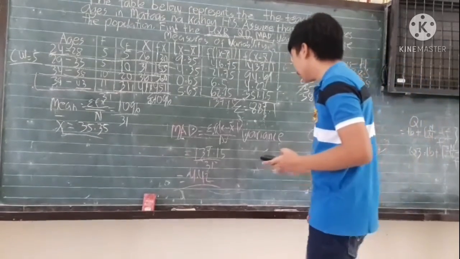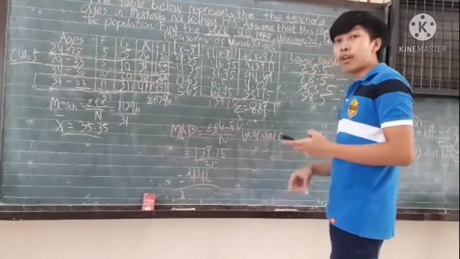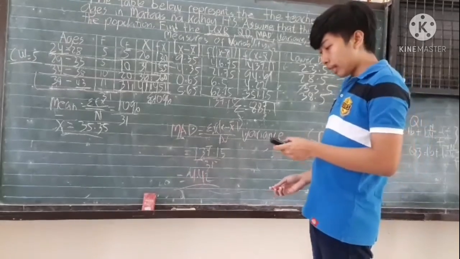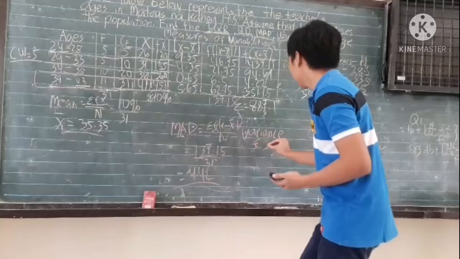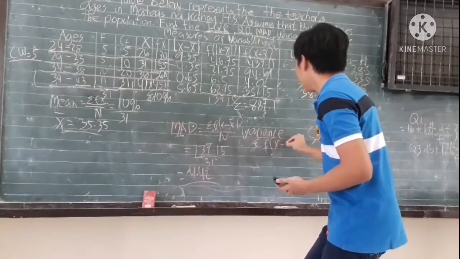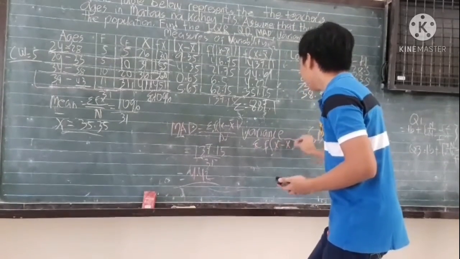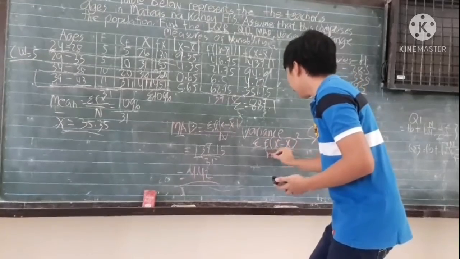Then variance is equal to, so we always get the sample variance with the formula of summation of f times x minus mean squared over n minus 1.